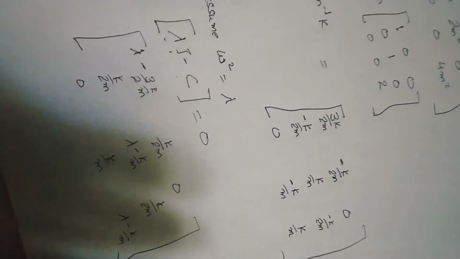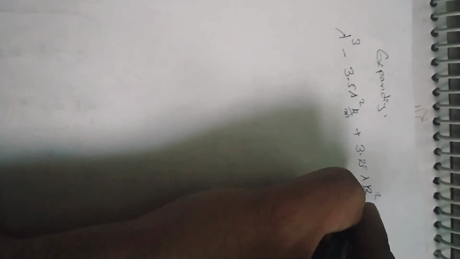After expanding this equation, we will get that matrix in the form lambda cube minus 3.5 lambda square k by m plus 3.25 lambda k square by m square minus 0.5 k cube by m cube is equal to 0.